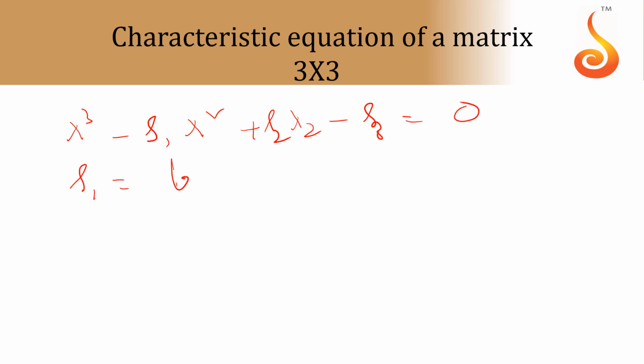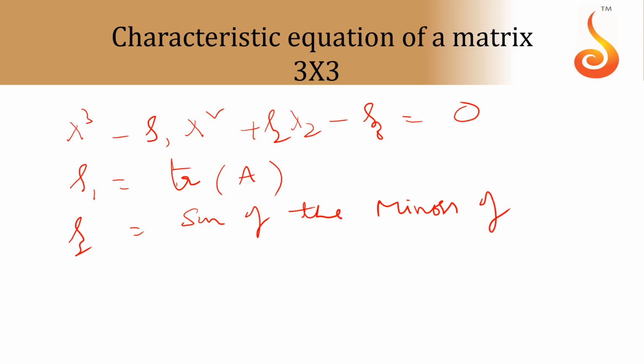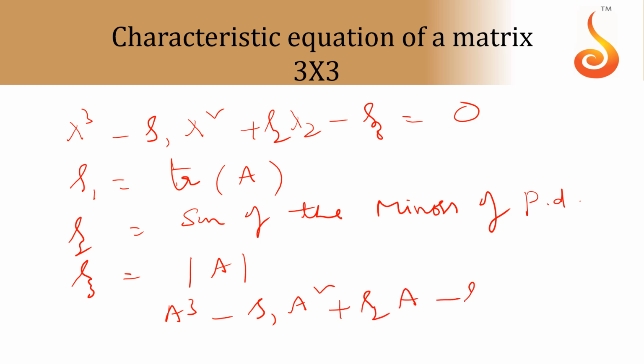Here S1 is the trace of the given matrix A, S2 is the sum of the minors of the principal diagonal elements, and S3 is again the determinant of A. Again, A will satisfy this equation, which we call the characteristic equation, and the values of lambda are called eigenvalues, and from the characteristic equation you can calculate A inverse very easily.